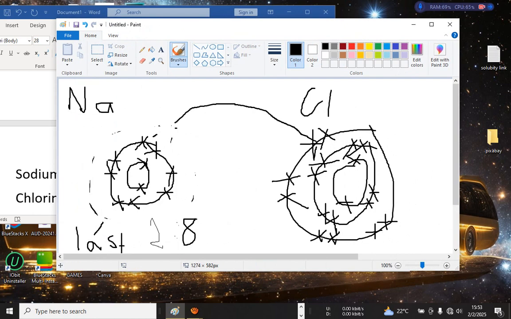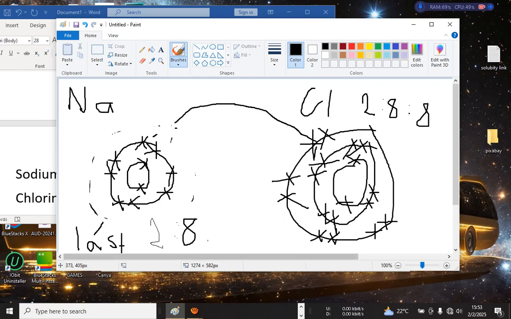After bonding, it will have an electron configuration of 2, 8, 8. So for sodium, the first shell is completely full, and the second shell is also completely full, because the second shell has a maximum of 8, and the first shell has a maximum of 2.